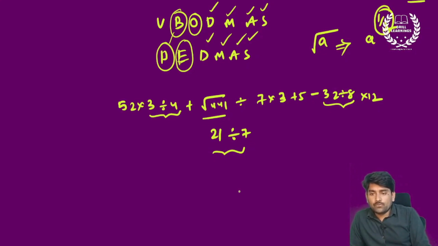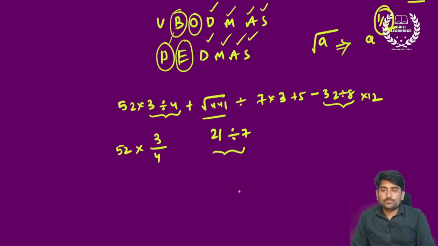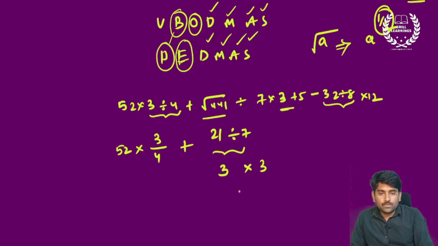So what is the value of 3 by 4? 3 by 4, right? As it is like this, because we cannot divide this value. Okay, now here you will get 3. Okay, so now what is the value of this? Here we have 3 plus 5 minus the value of 32 by 8, which means here we get 4. 12.